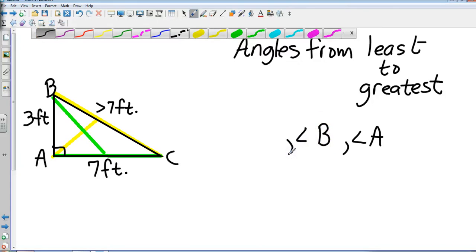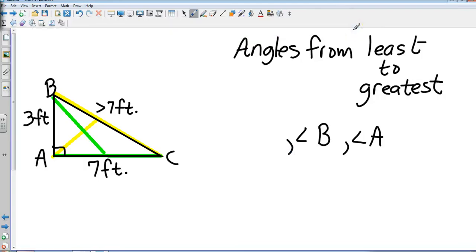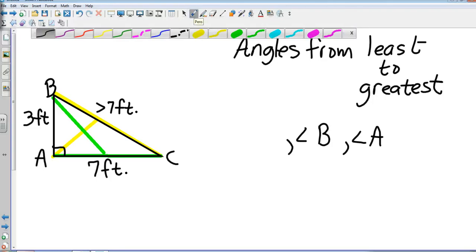It's not asking for the actual values, it's just asking for their sizes. Now, obviously, we know which one the smallest one is going to be because it's the only one left, but I still want to do it like I've done the others. This is the smallest side, so I go diagonal, and that makes angle C the smallest angle.